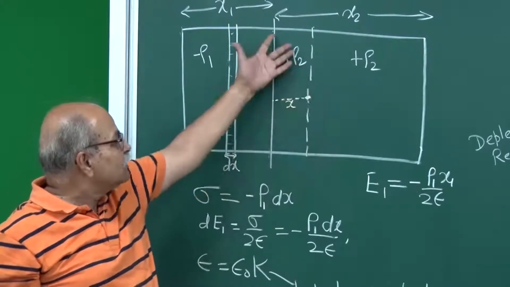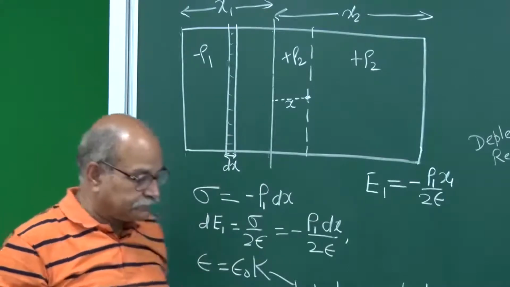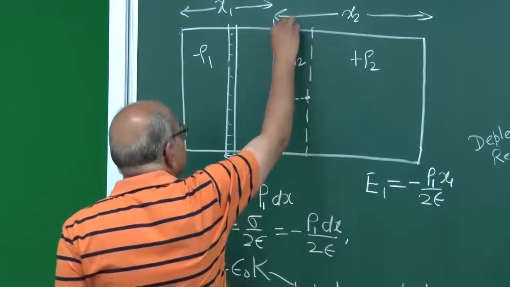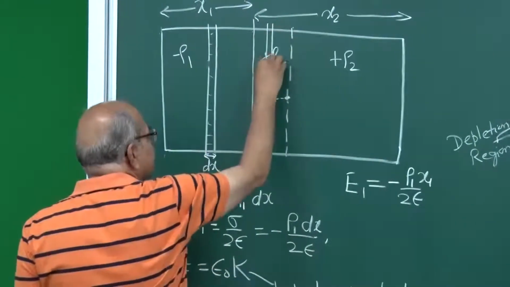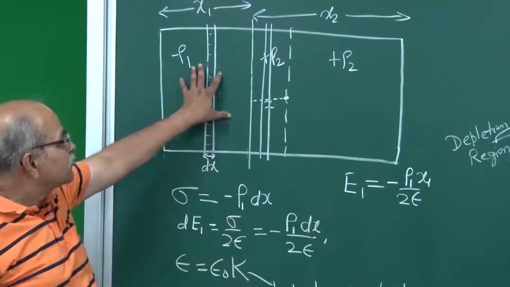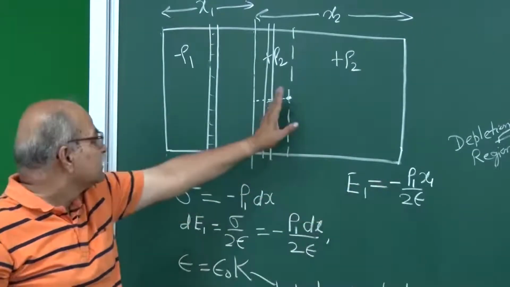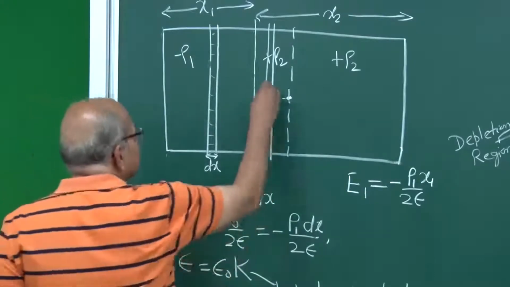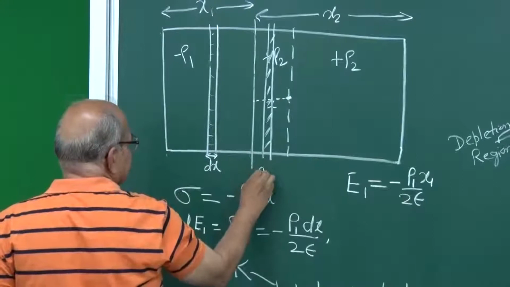Once again you can do a similar analysis, and here again you can take a small dx. By the way, this was negative charge, so the electric field that we calculated has the minus sign, meaning it is towards the left. Now this is the width dx I am taking.